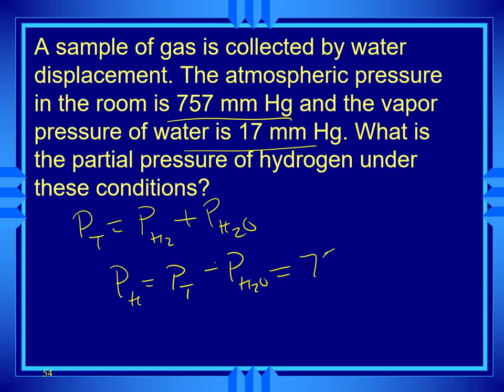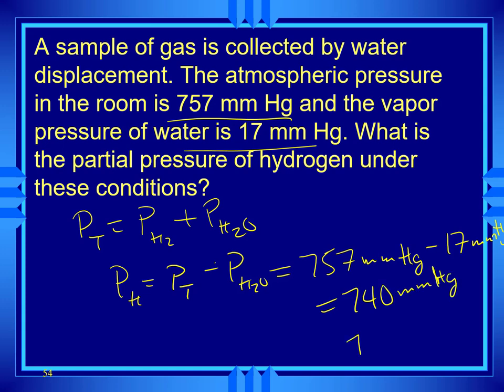And that is 757 millimeters of mercury minus 17 millimeters of mercury, which gets you 740 millimeters of mercury. Sig figs wise, it should be 7.40 times 10 to the second, because I want that 0 to count, because the 7's counted. So that 0's got to count, because it's in the same place the 7's were, and we're subtracting.